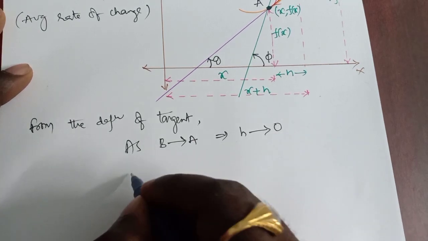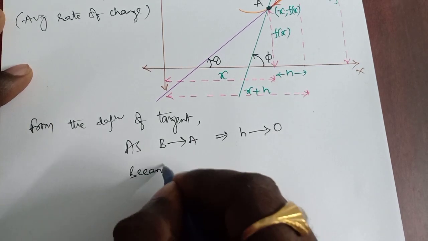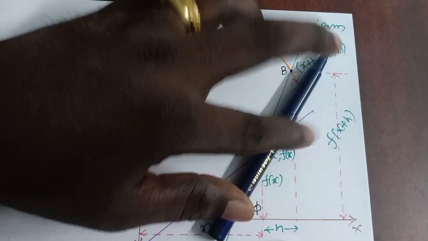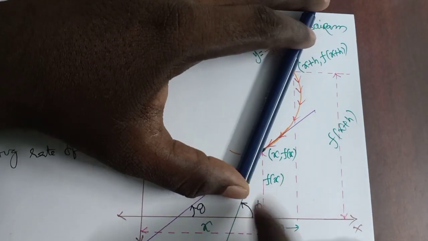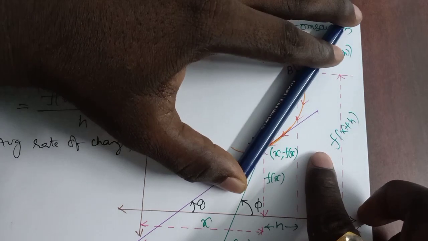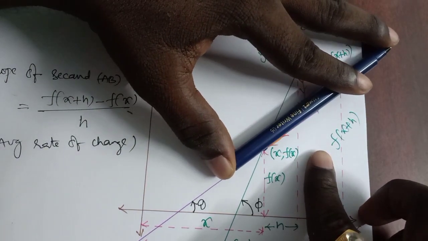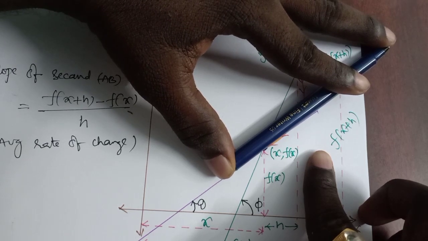Now the secant AB, as B approaches A, clearly moves like this and approaches. So see the transformation. It is a tangent clearly.